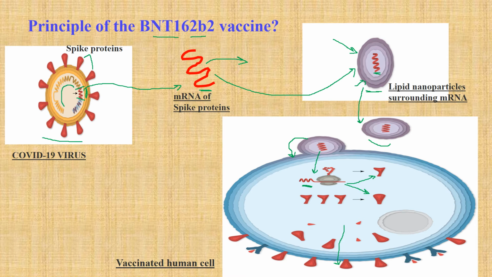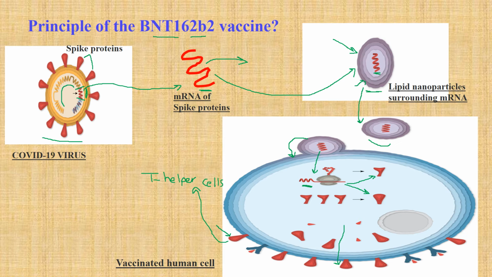At the surfaces of our cells, a special form of immune cells known as antigen-presenting cells are going to pick up these spike proteins, process them, and present them to another special form of immune cells known as the T helper cells.